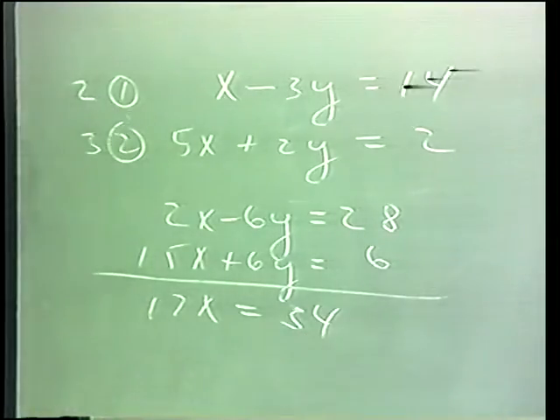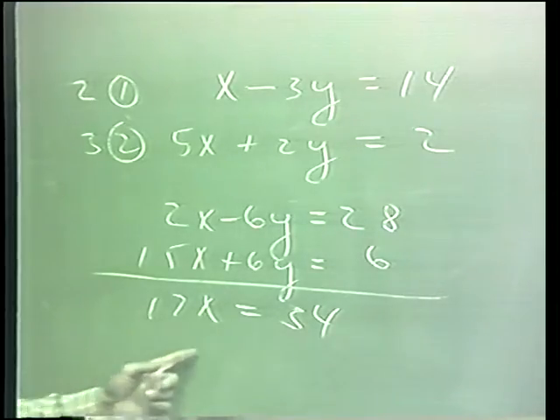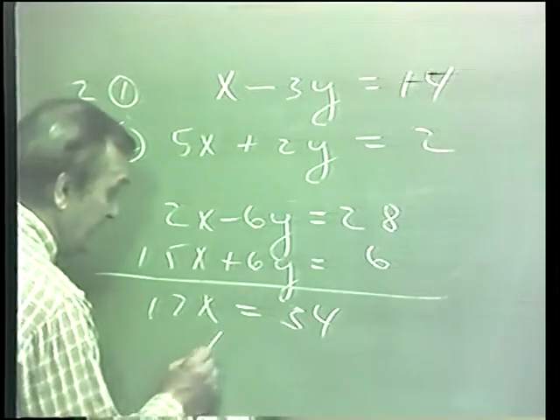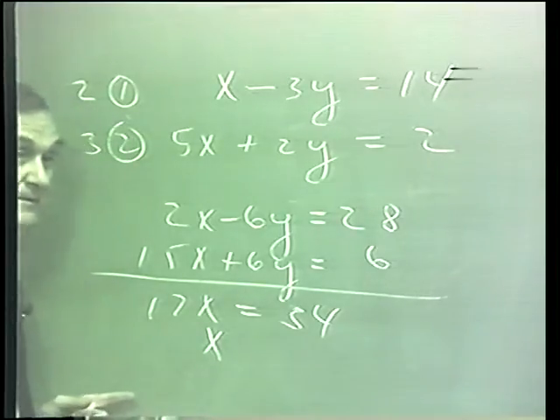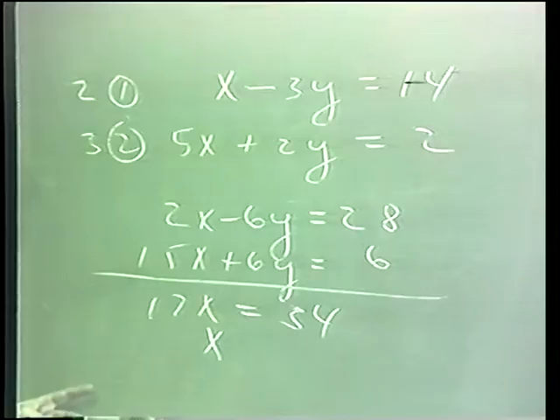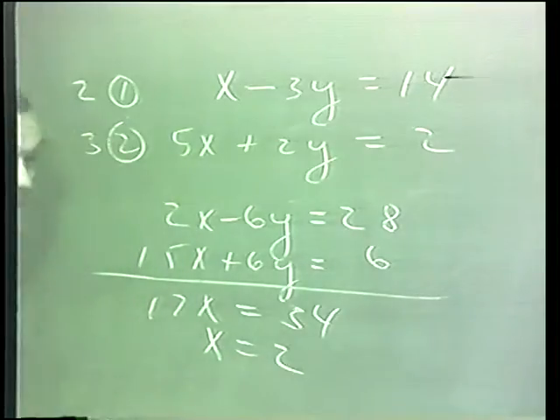What we have here, Lynn, is one equation, one unknown. We're interested in x. 17x equal 34. X would equal? Does that divide? We get 2. X is equal to 2.